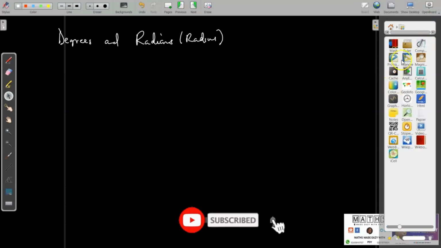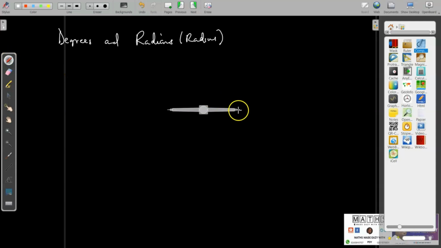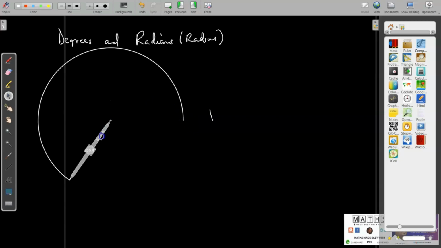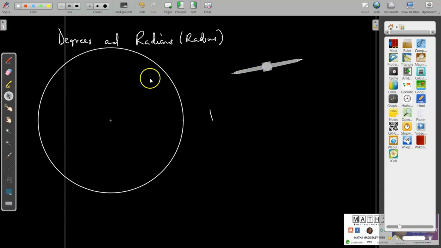So this is my compass. Hold on, let me get this thing. Alright, so if this is my compass, I can draw a circle. So if I have a circle, what is the total angle made in a circle? 360 degrees.